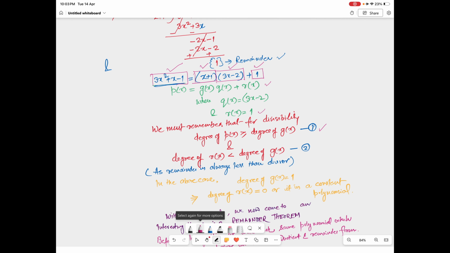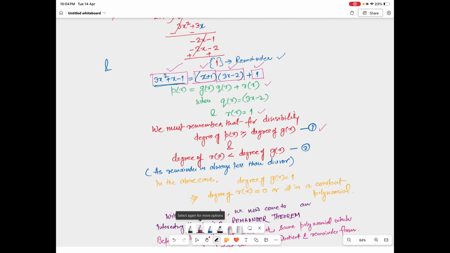And the second is the degree of the remainder, because whatever remainder we are getting, it should always be less than the degree of g(x), of course. Then only we will get the remainder. As long as the degree is equal to the degree of g(x), it has divisibility, it can further be divided. Therefore the degree of r(x) will be less than the degree of g(x).